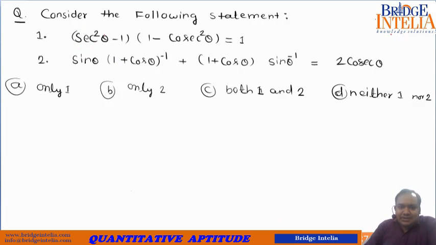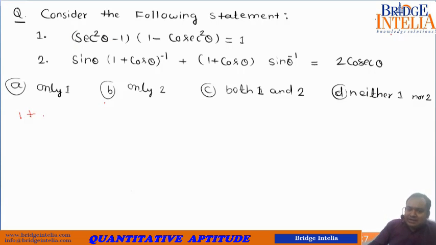So let's consider the first statement, whether or not the first statement is correct. So we know that there are three identities: sin square a plus cos square a is equal to 1.